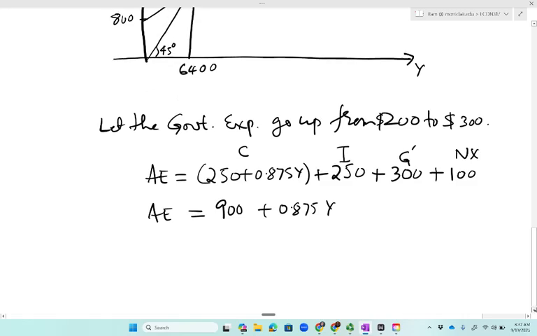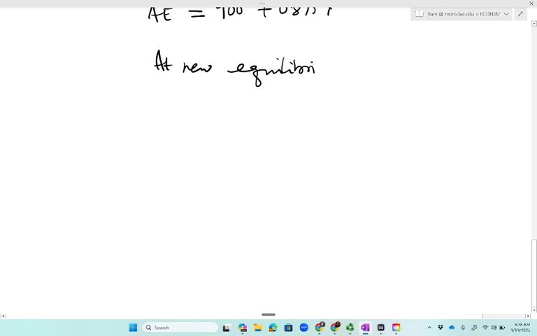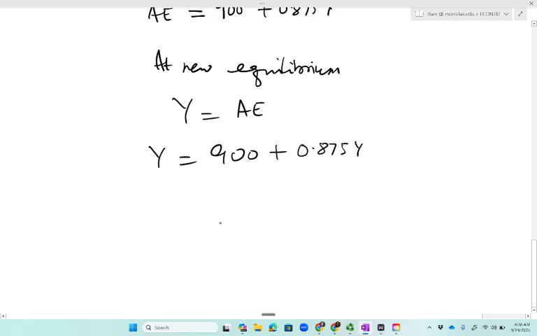Now we are ready to find out the new equilibrium. At the new equilibrium, Y equals aggregate expenditure: 900 plus 0.875y.